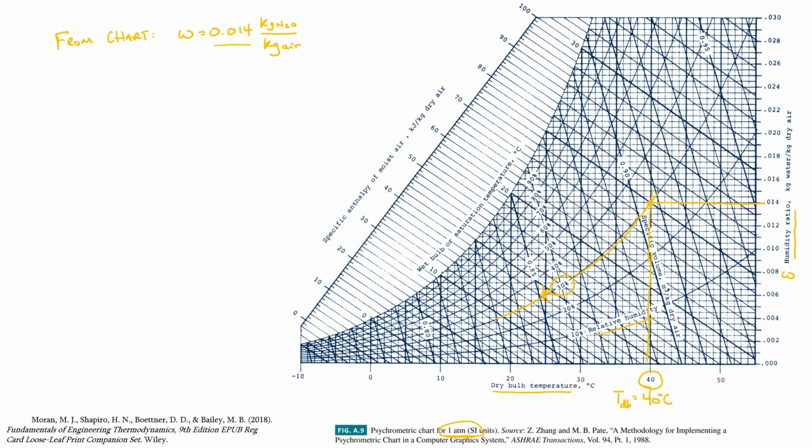And then you'll notice that I have a couple extra pieces on here. One of them is the specific enthalpy of moist air, and you notice kilojoules per kilogram dry air. So this is our H divided by MA, because H is enthalpy in kilojoules. Mass air is kilograms of dry air.